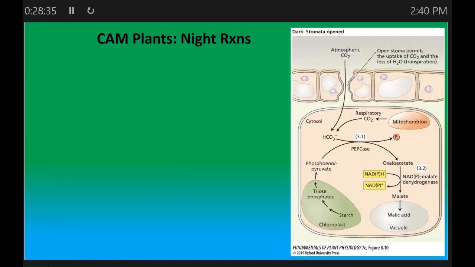So let's focus in on what's happening at night. This is the night portion of that previous slide. So at night, go ahead, open up your stomata and bring in the CO2. Then what you see happening is it's the same enzyme facilitating this reaction. You have PEP carboxylase, which they abbreviate down to PEPCase.